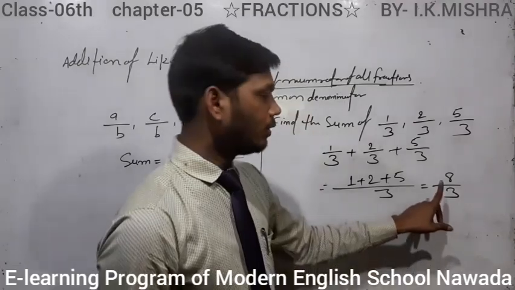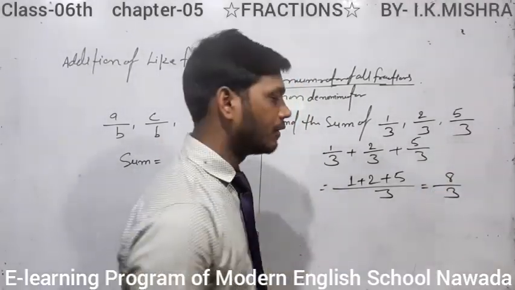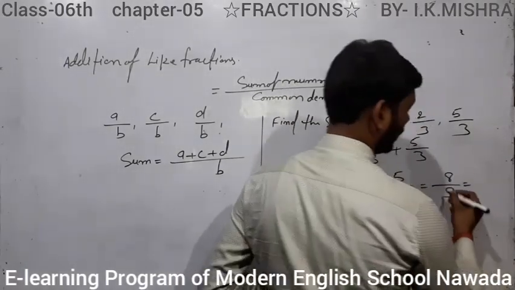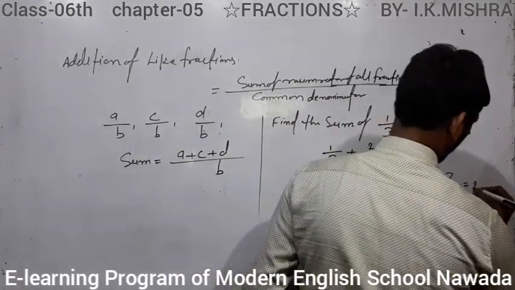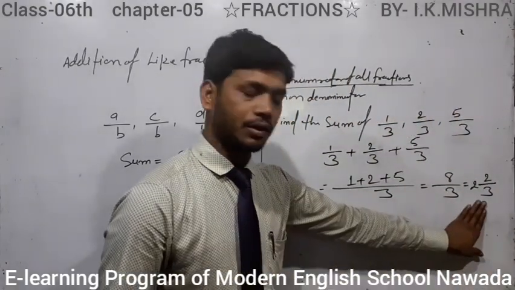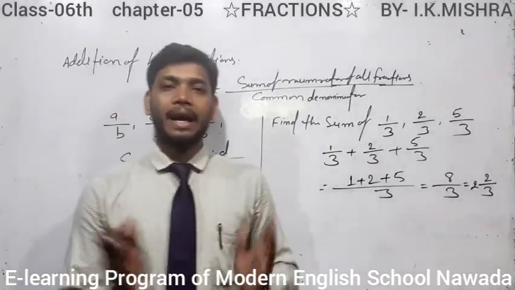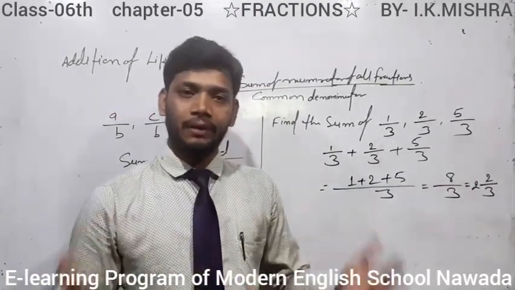This is an improper fraction and you can change it into a mixed fraction. So you may write it as 2 whole 2 upon 3. That is its answer.